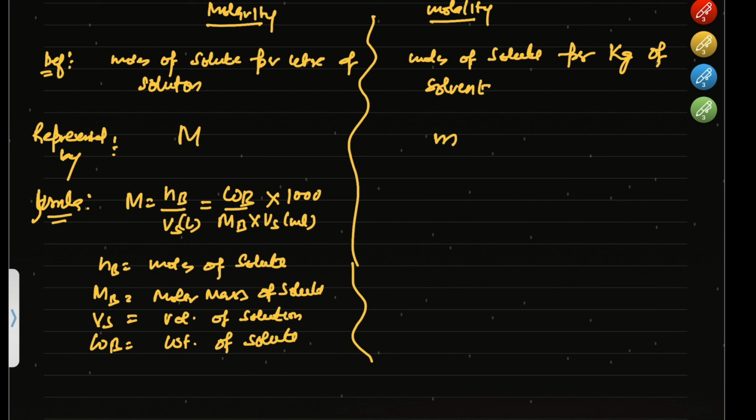Here is the formula for molality. Small m is equal to moles of solute divided by weight of solvent in kg, or is equal to weight of solute upon molar mass of solute into 1000 upon weight of solvent in gram.